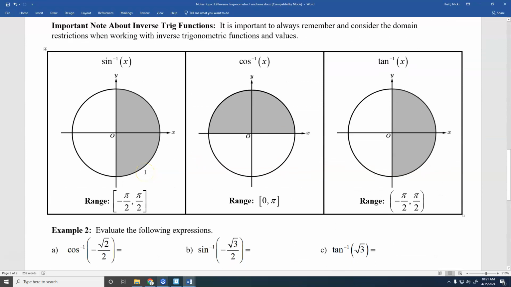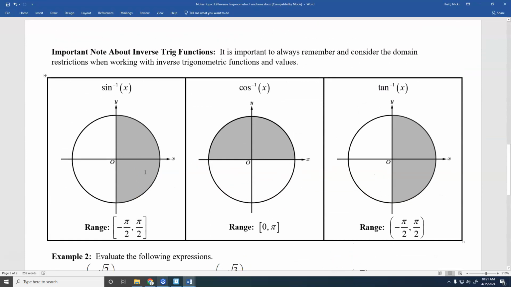So when we're talking about this, you may see this, so let's write it down. Our textbook used to call this principal values. If you're solving an equation for principal values, you're only using these sections of the unit circle.